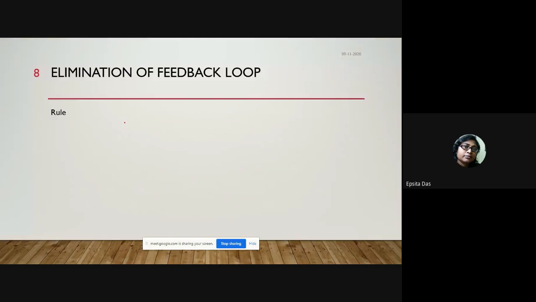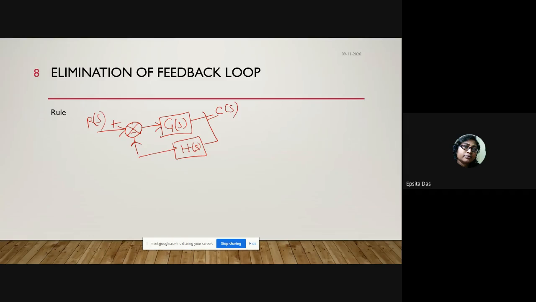Again, I can show what is the meaning of this. The meaning of this is basically nothing but elimination of this loop. I think you all know now how you can eliminate the loop.